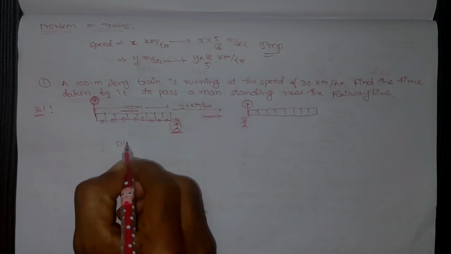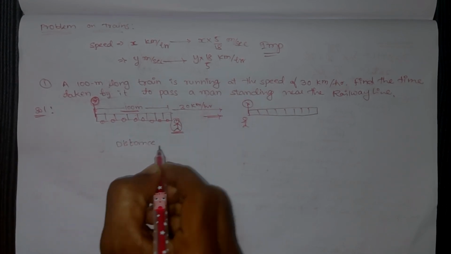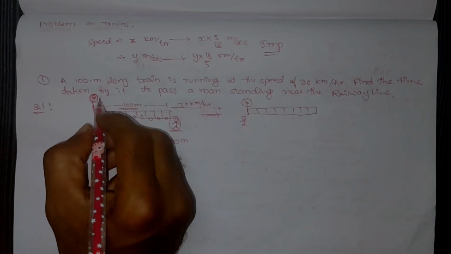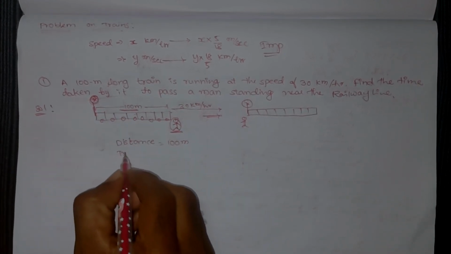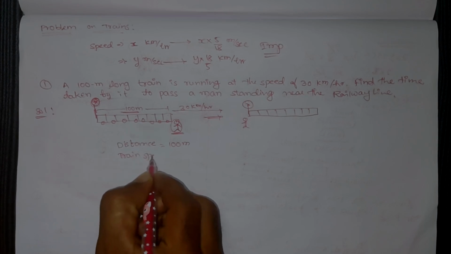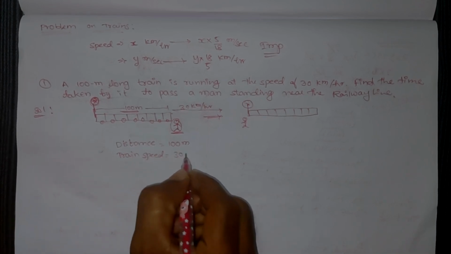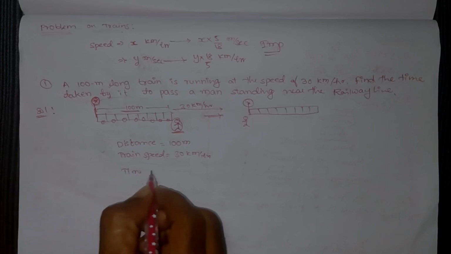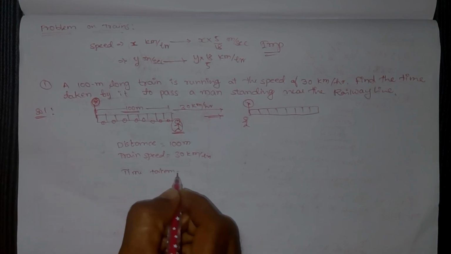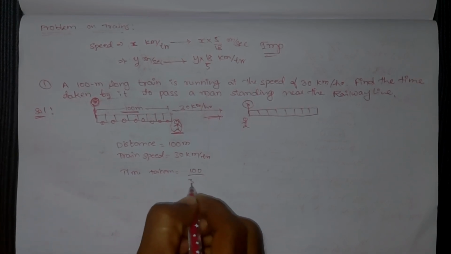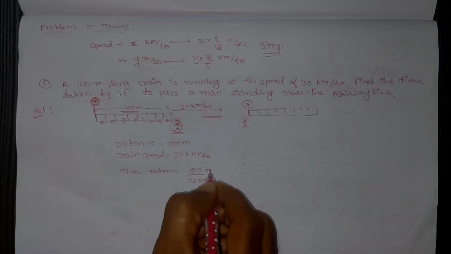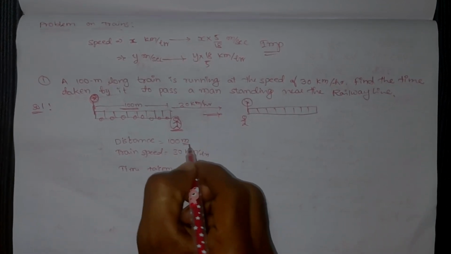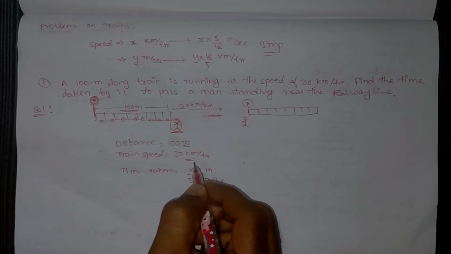So here the distance is 100 meters and the train speed is 30 kilometers per hour. So time taken will be 100 meters by 30 kilometers per hour. Here we can observe that the distance is in meters and the speed is in kilometers per hour.